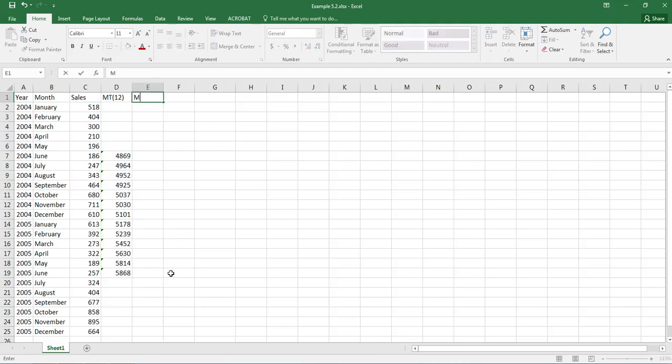Then we find the moving total for 2 years or 24 months. The first moving total of 24 months is for the first two moving totals of 12 months here.